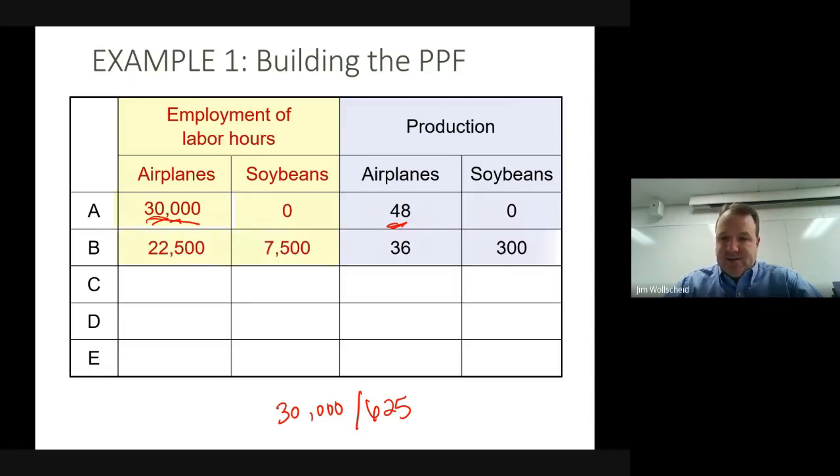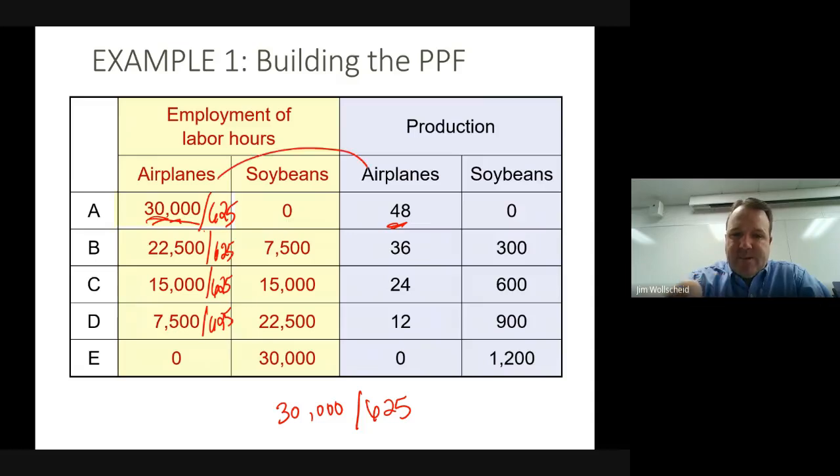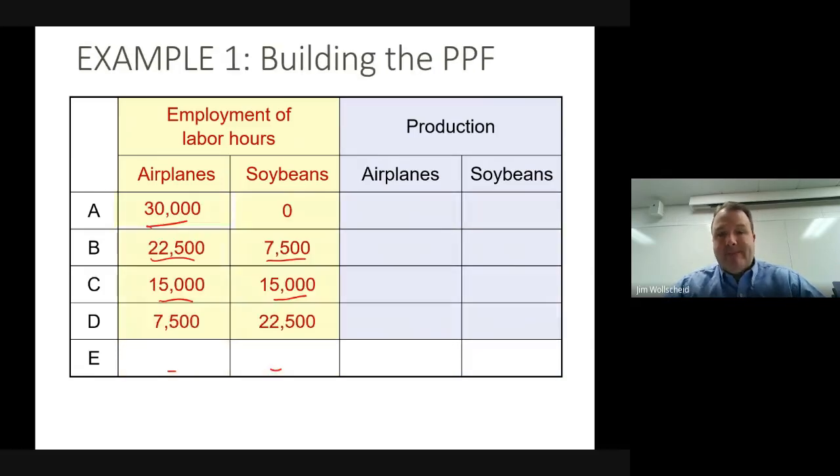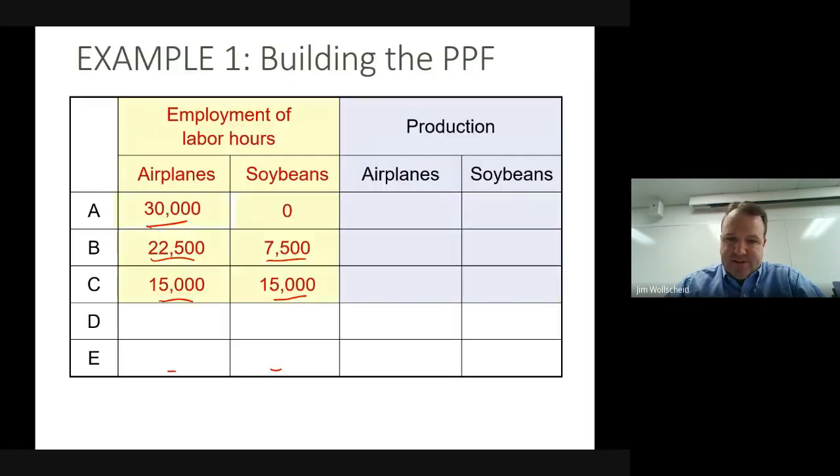And we can do that continuously through each scenario. So we divide this by 625, 625, 625. We get our airplane numbers. How do we get our soybean numbers? Well, we go back and we see that soybeans require 25 labor hours.